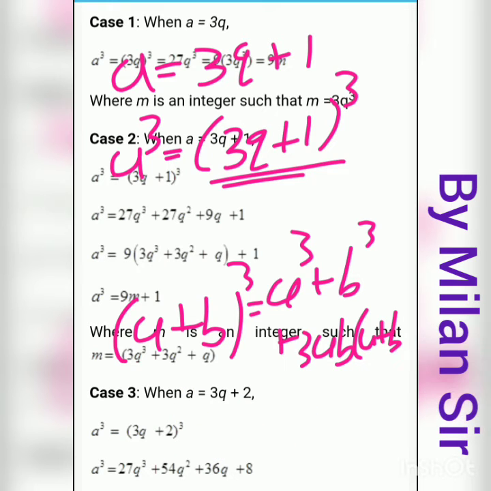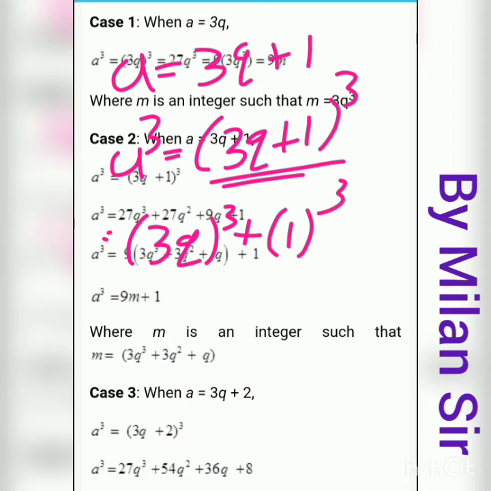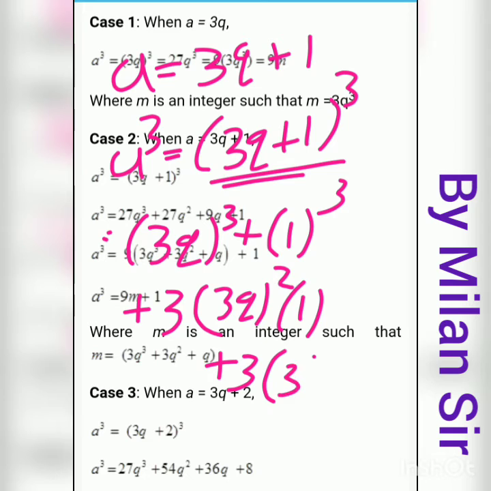So here in our identity, a cube means first term cube. First term is 3q, so (3q) all cube, plus b cube, that means second term, 1 cube, plus 3a square b. So first term square, and b is 1. Then plus 3ab square: 3a as it is and b square, so 1 square.